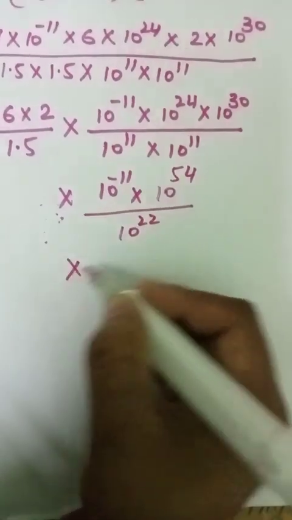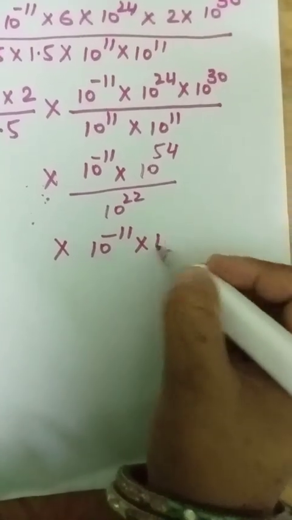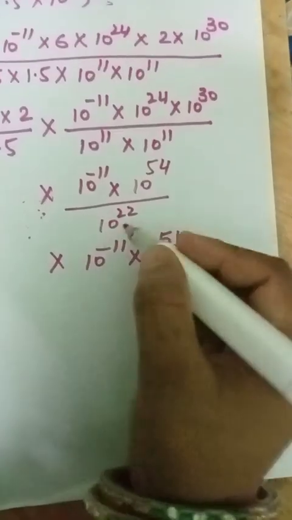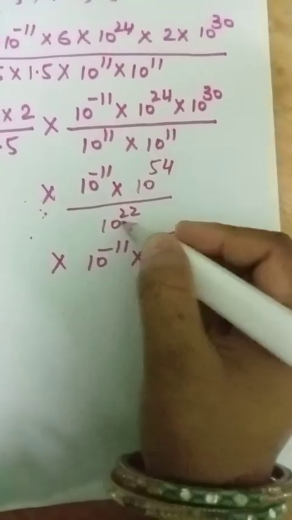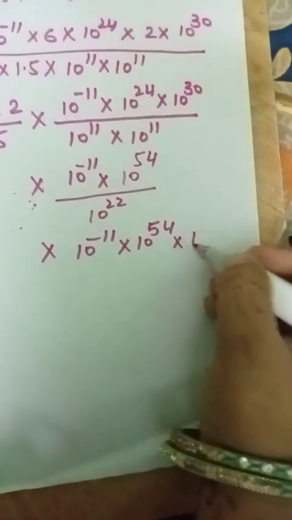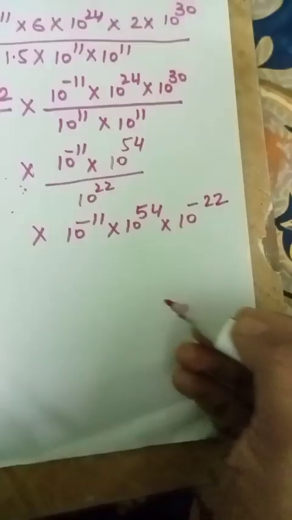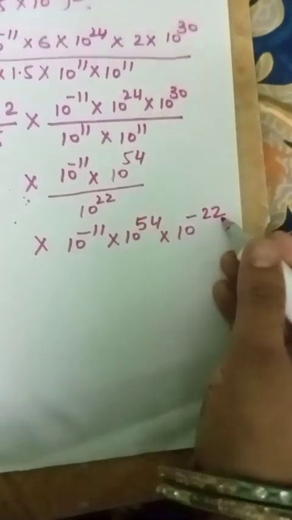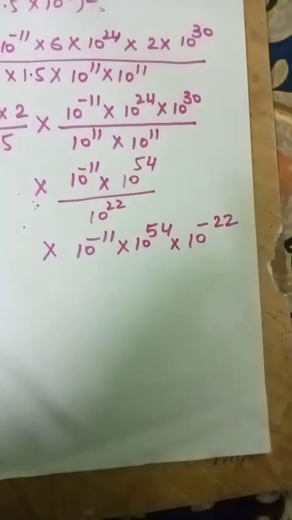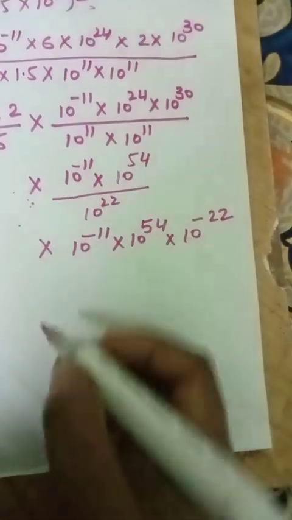Later on we can write like this, multiply by 10 raised to power 54. Multiply by, upper side going, this will become minus, the power will become minus, so here 22 will come. Now we need to add this 22 and 11, so we are getting 33.